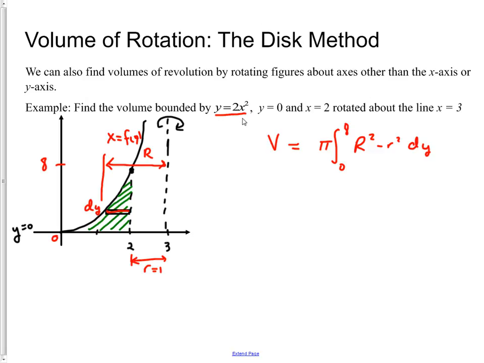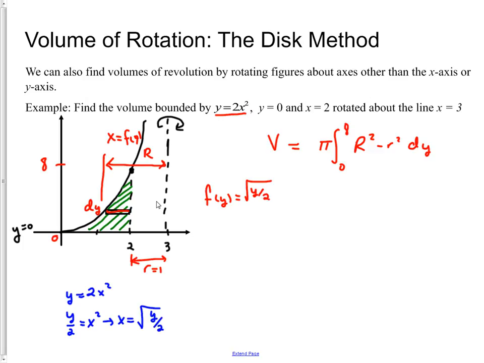All right, so let's go ahead and redo that. So our function, f of y, is going to be the square root of 1/2 of y, or y over 2. Okay, so x is equal to square root of y over 2.